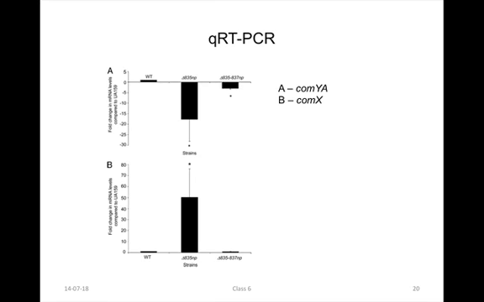If you look at the competence genes, I don't have it mentioned here, but in the paper they say that the expression was also followed for COM-E, and they saw no expression change with COM-E.